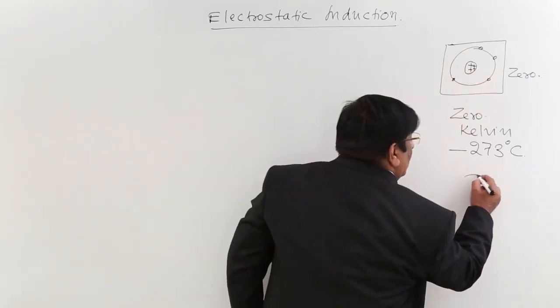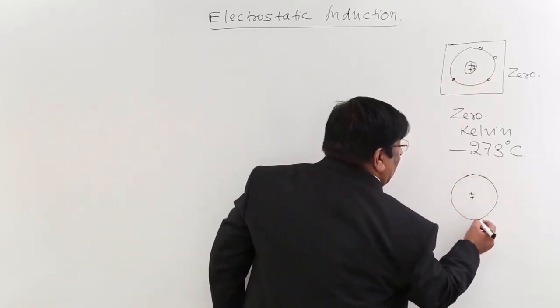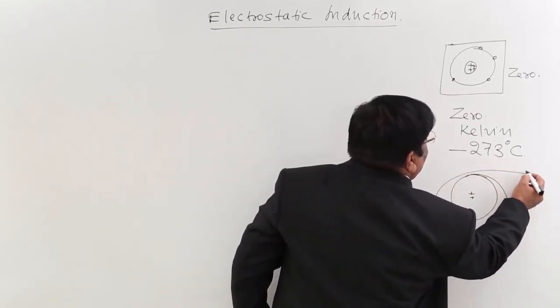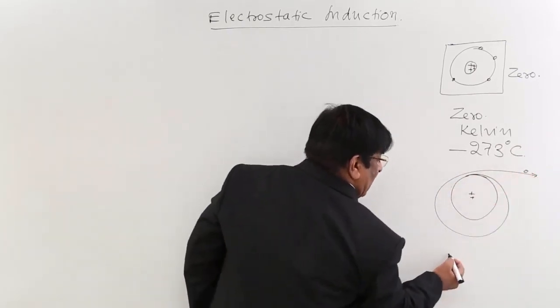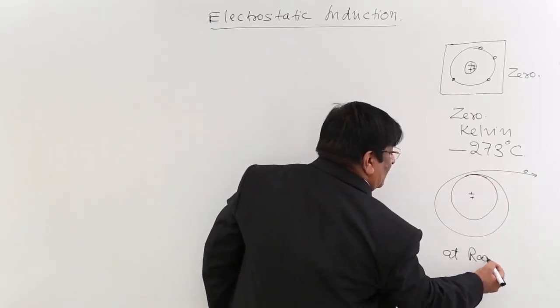If energy is more than that, then when they are rotating around this and energy increases, they go like this and they go out. Once this electron goes out at high temperature, what is room temperature?